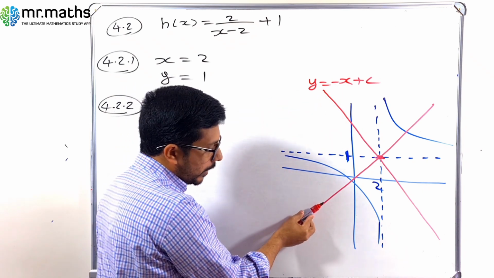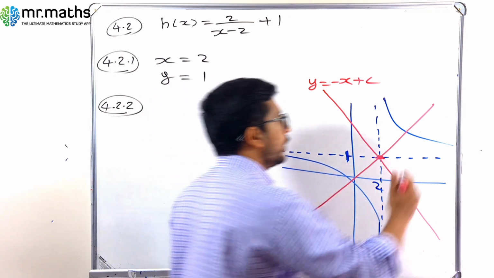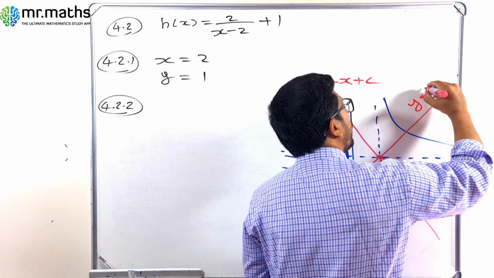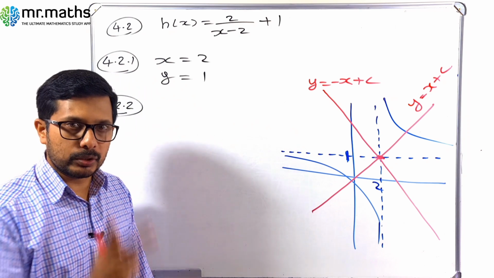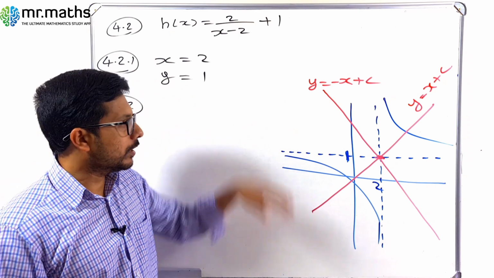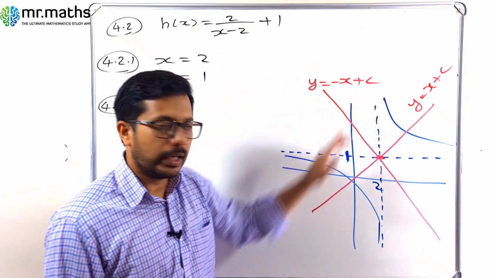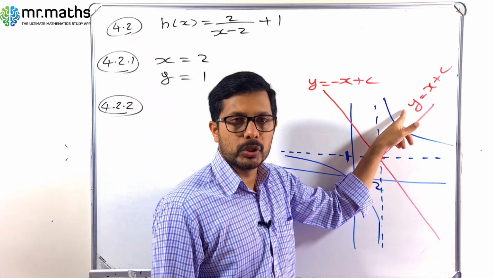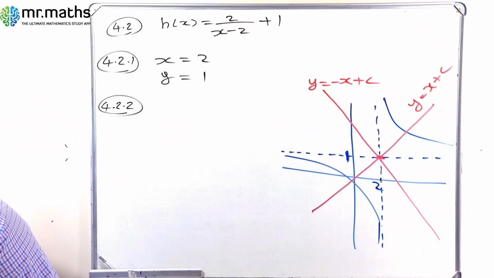And this one is the axis of symmetry having positive gradient, with equation y is equal to positive x plus c. So there are two axes of symmetry for a hyperbolic function: one with negative gradient, and the other with positive gradient. Now what is our question?